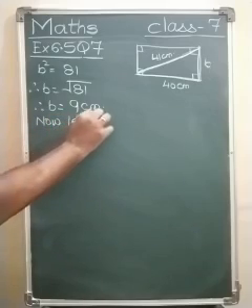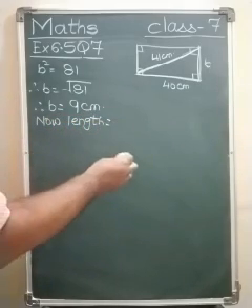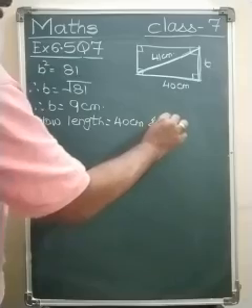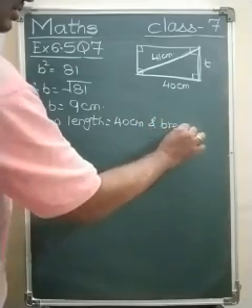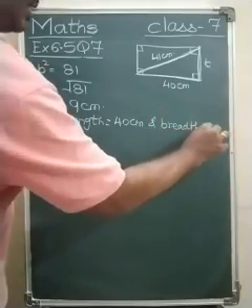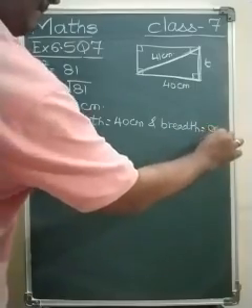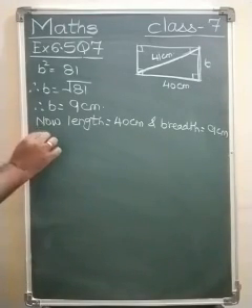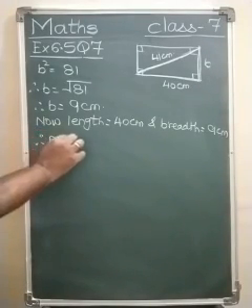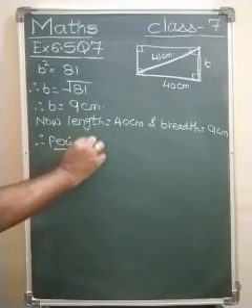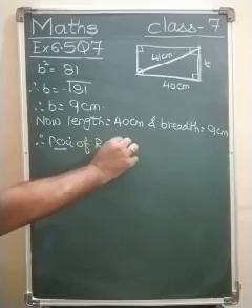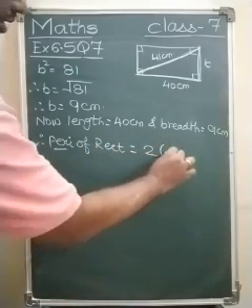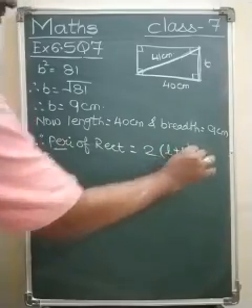Now, length equals 40 centimeters and breadth equals 9 centimeters. Therefore, perimeter of rectangle equals 2 multiplied by length plus breadth.